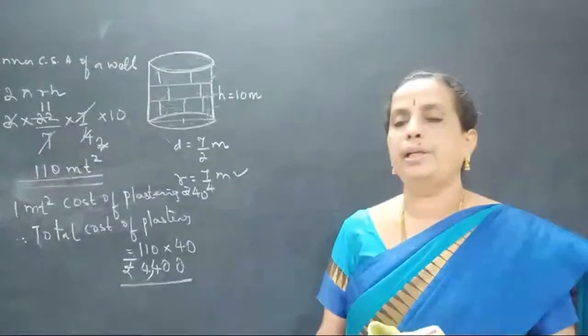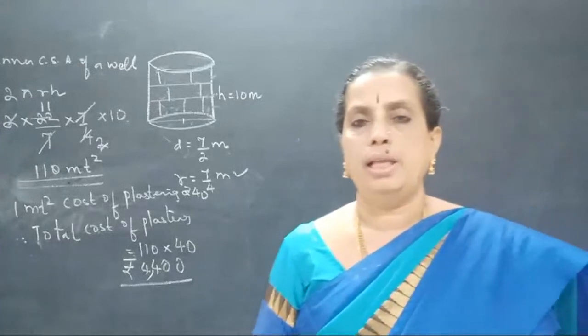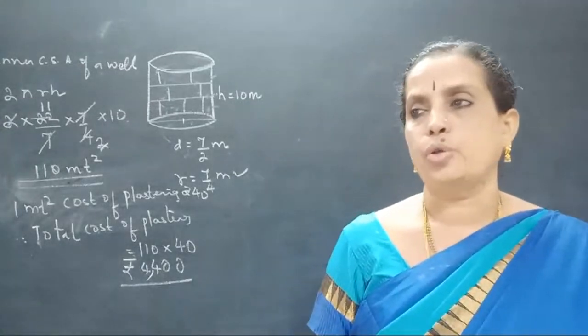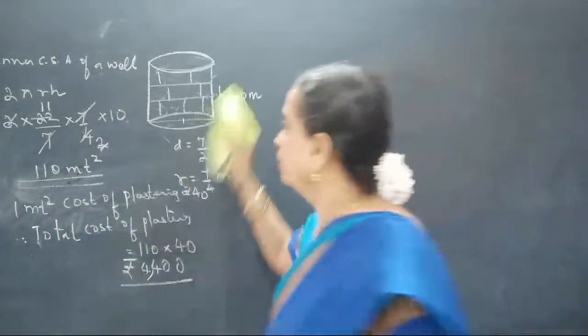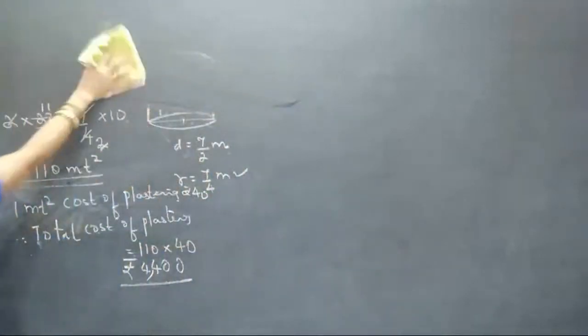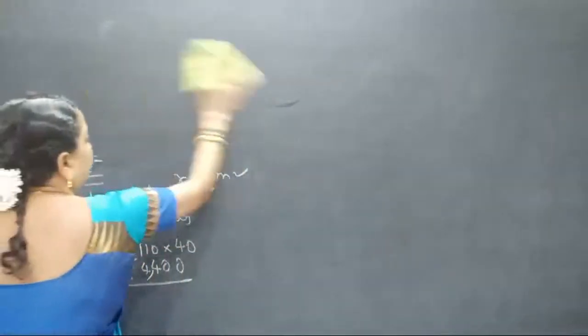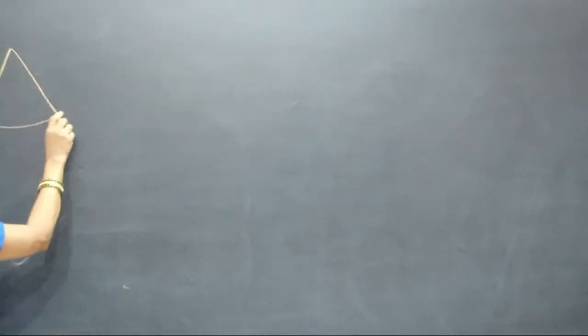Along with the vertical height, you will have a slant height in a solid cone. So this is a solid cone.